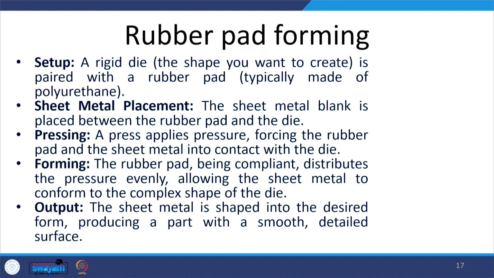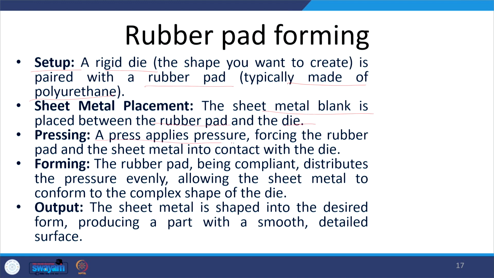As far as the steps of rubber pad forming are concerned, it uses a setup having the rigid die and the rubber pad, which is made of a particular kind of rubber, and the sheet metal is placed between the rubber pad and the die, and then pressure is applied from the die.